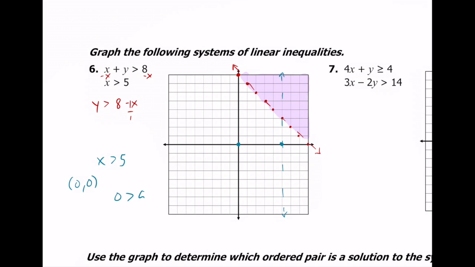So is it true that 0 is bigger than 5? No, that's not true. So we want to shade away from this test point. So we're going to end up shading away from 0, 0. And I like to erase everything and redo my solution.